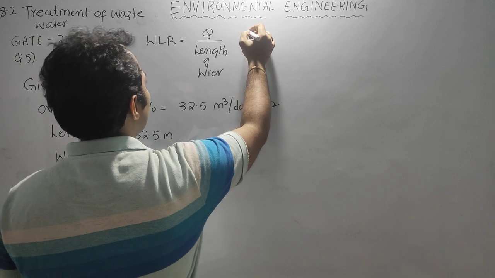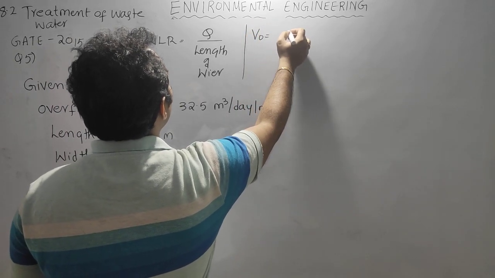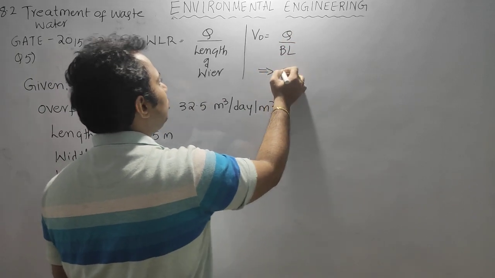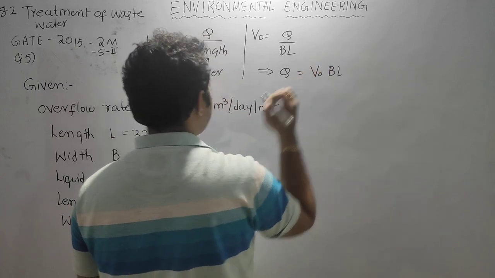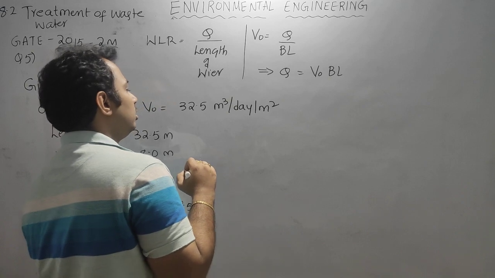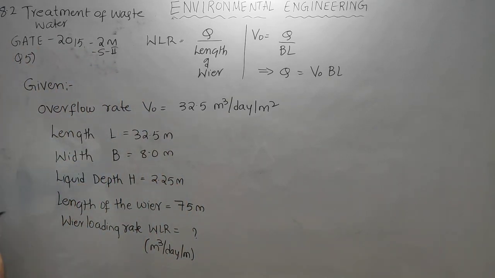V naught is nothing but Q by BL, so Q is equal to V naught into BL. V naught is 32.5 meter cube per day per meter square.